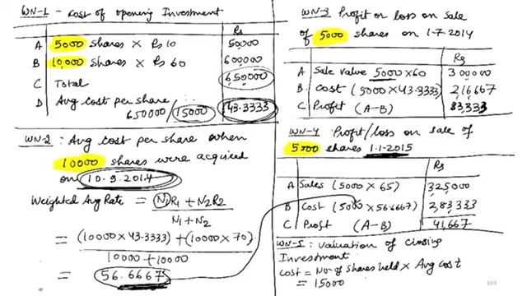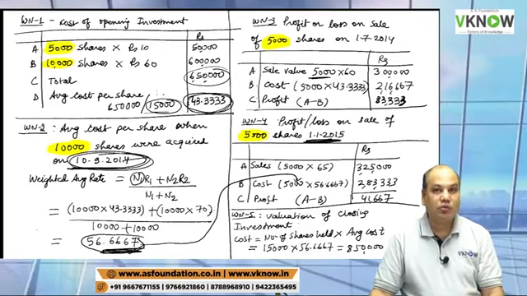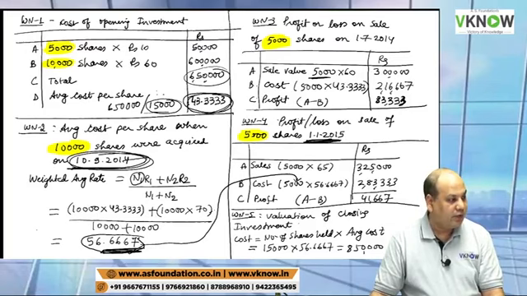So 15,000 into average cost 56.6667. So let me also try 15,000 into 56.6667. 8,50,000. Are you getting 8,50,000?